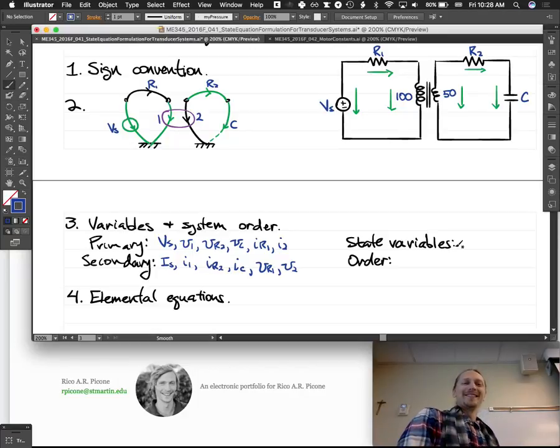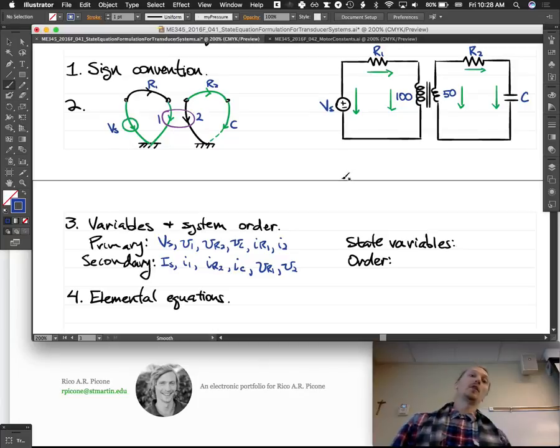State variables. Okay, which of those primary variables are state variables? It has to be VC. So we have to find the A-types that are in the normal tree and the T-types not in the normal tree. There are no T-types in this graph, so we don't have those.